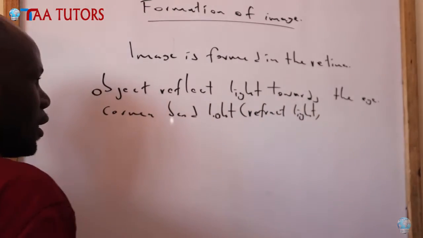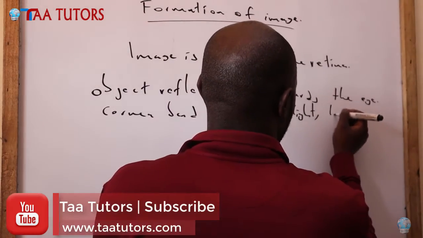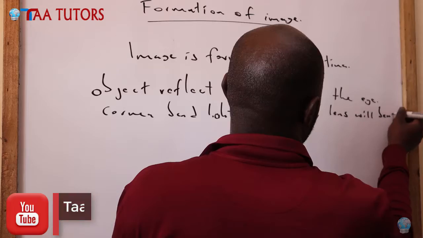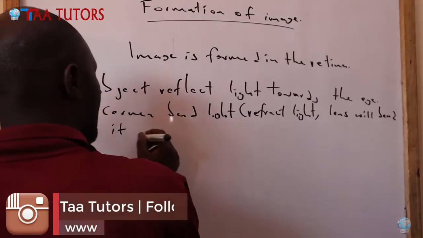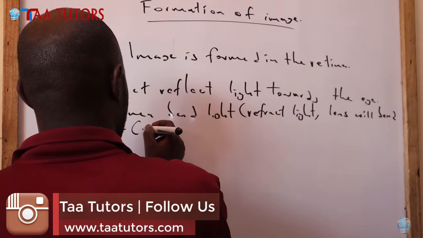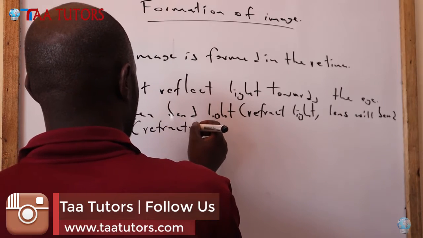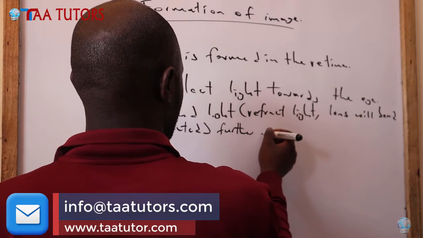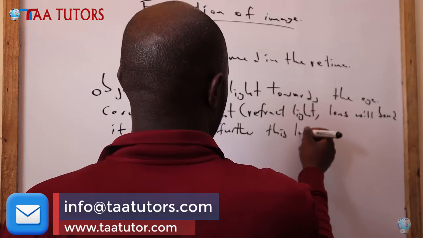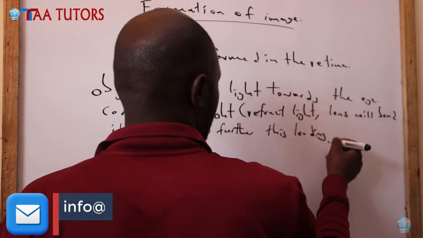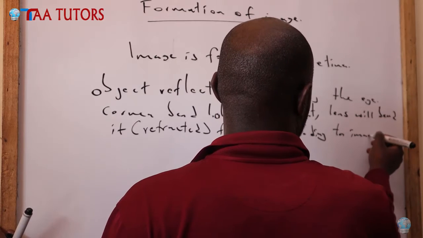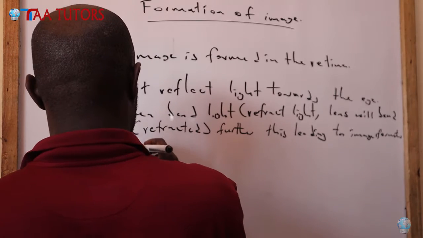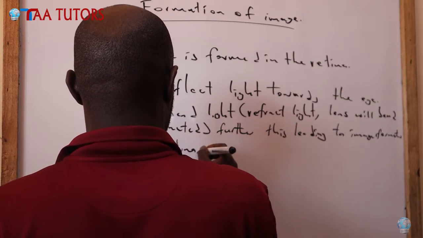And then the next thing is the lens will also bend it further. And I've said bending means refract. Okay, so light will be refracted further. This is what is leading to image formation in the retina. That is what we learned.